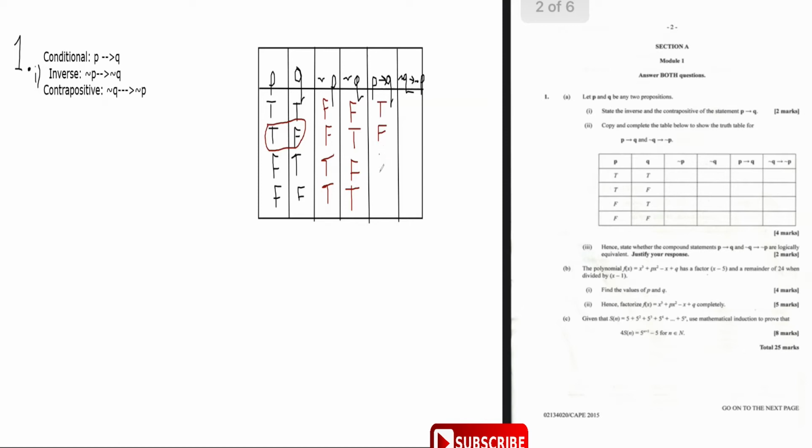All right. And then not Q implies not P. Not Q implies not P is false whenever not Q is true, but not P is false. That's right here. And so this is the only time it is false. Everywhere else it is true.